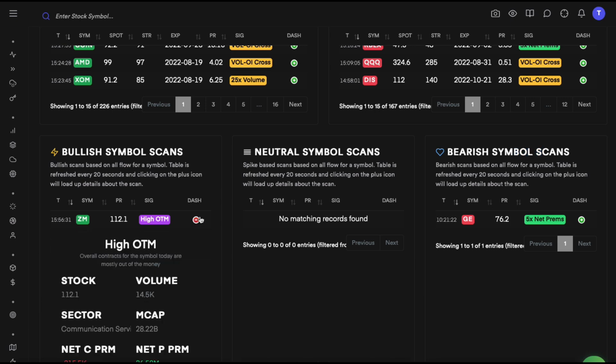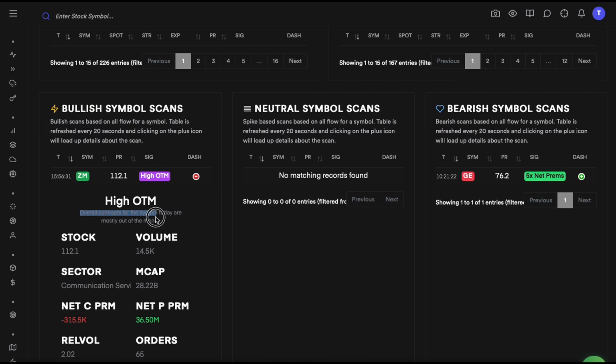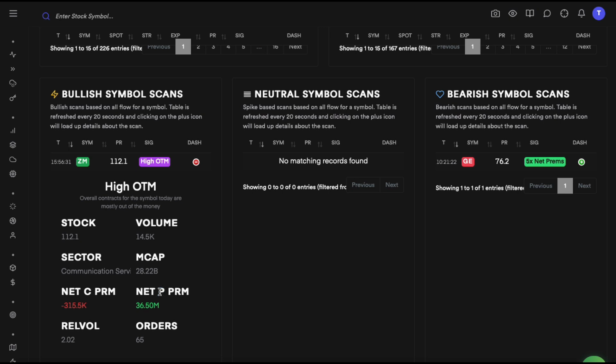Just click on this to know what this high OTM means. It means overall contracts for the symbol today are mostly out of the money. And then you have net put premiums and net call premiums. Net call premiums are negative today, which means more calls selling, but net put premiums are positive, which would mean more put buying.